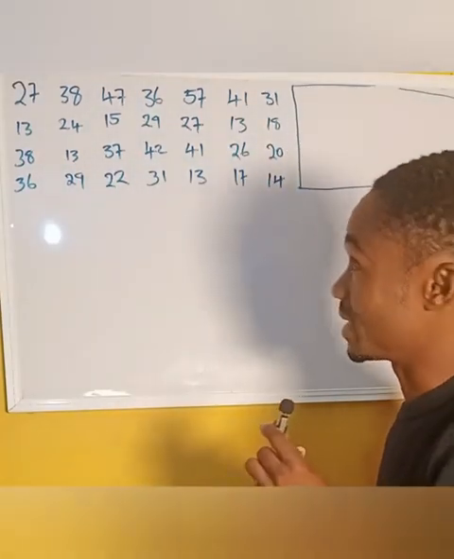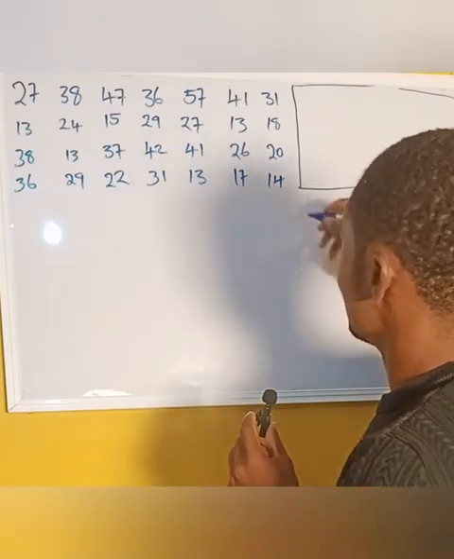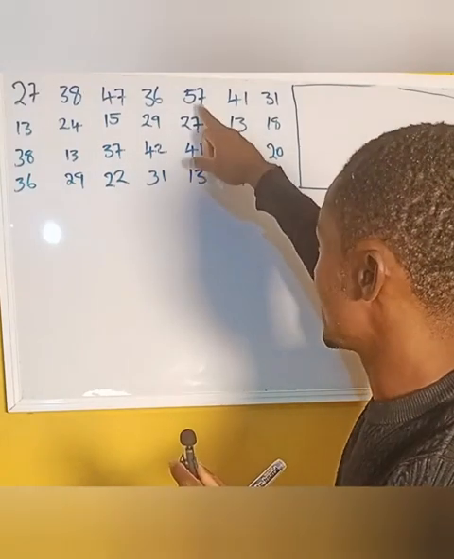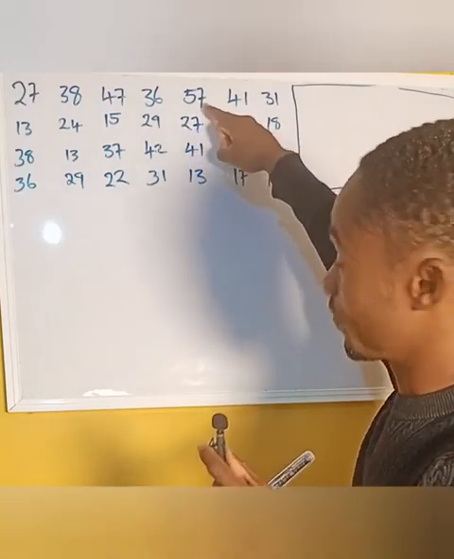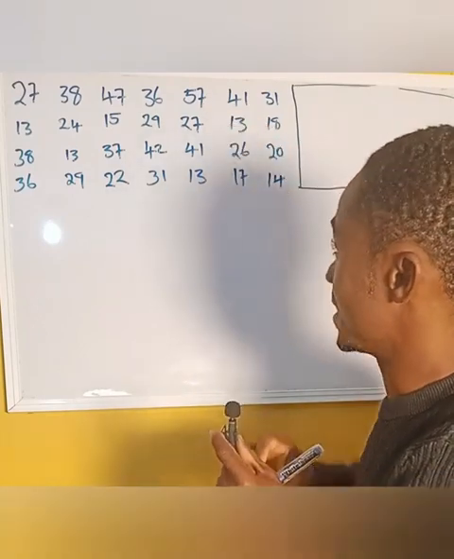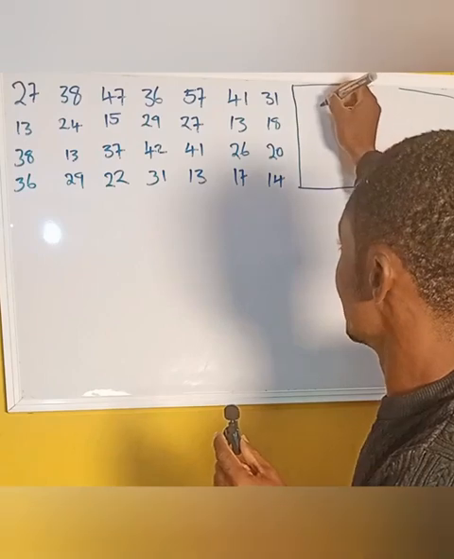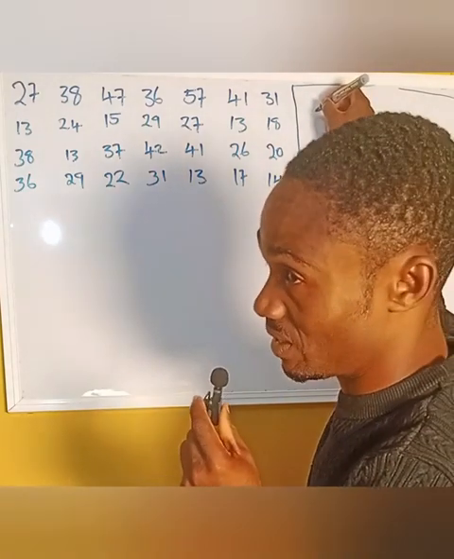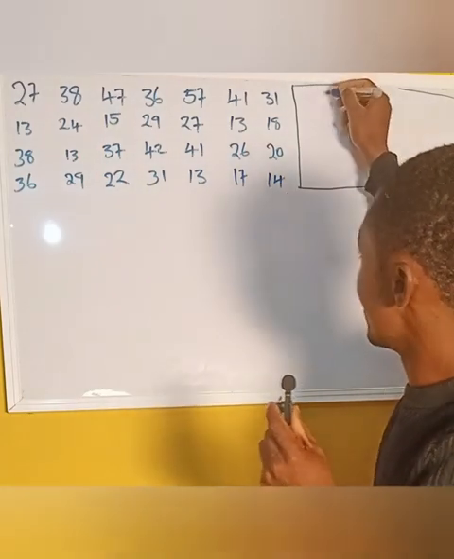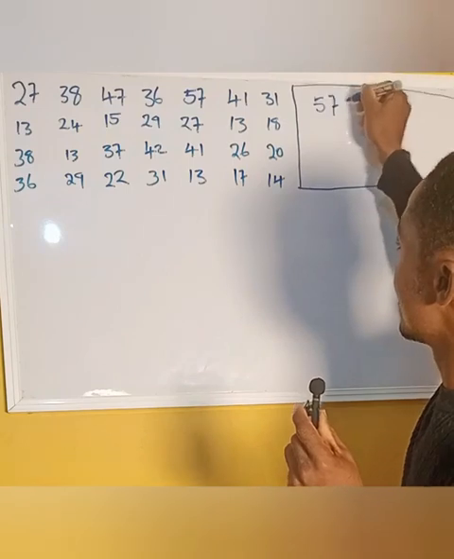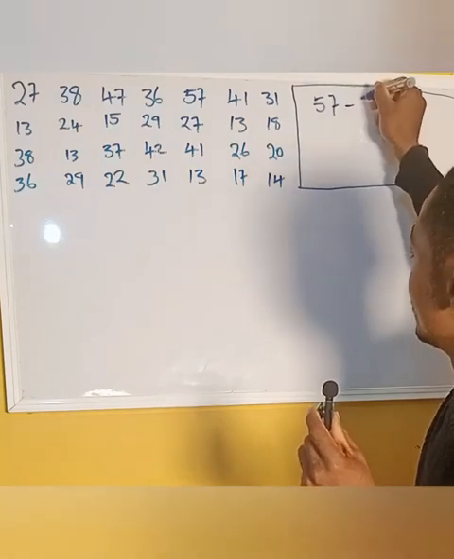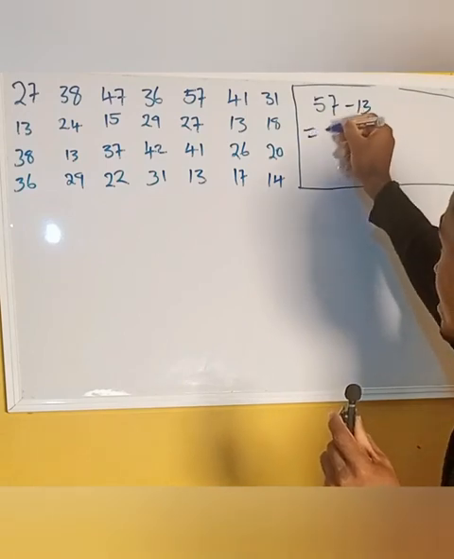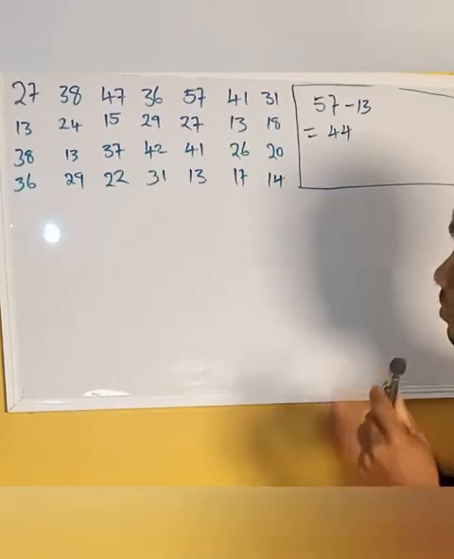How do you construct your class interval? You take the range of your data set. By closely looking, the highest number here is 57 and the lowest is 13. The range simply means the difference between the largest number and the least number. So 57 minus the lowest in the data set is 44.